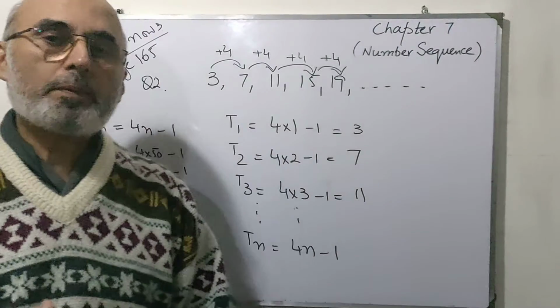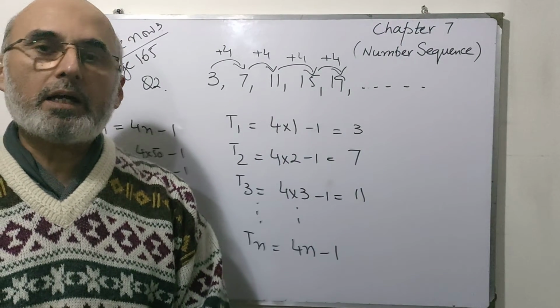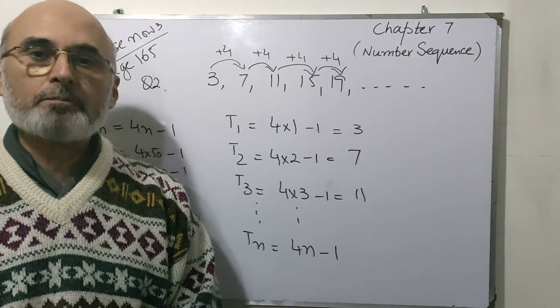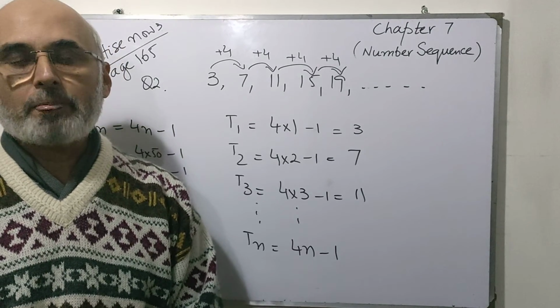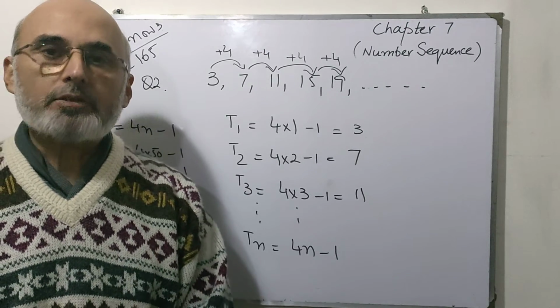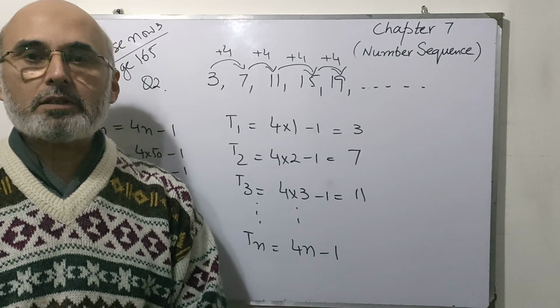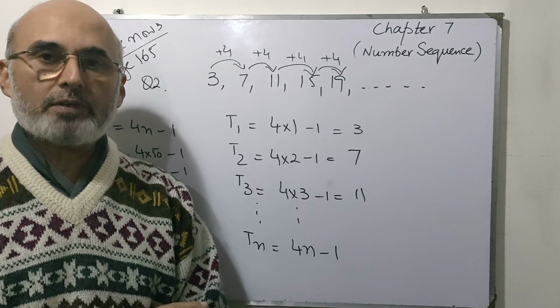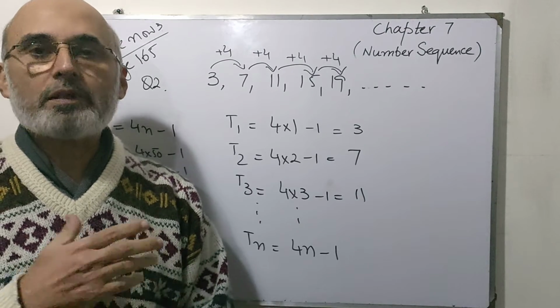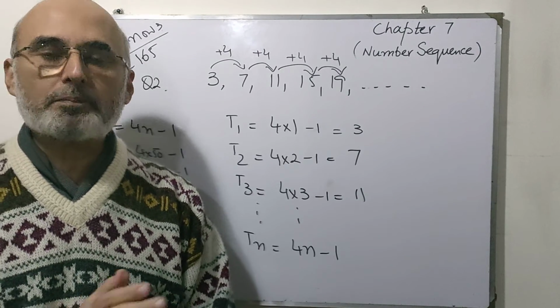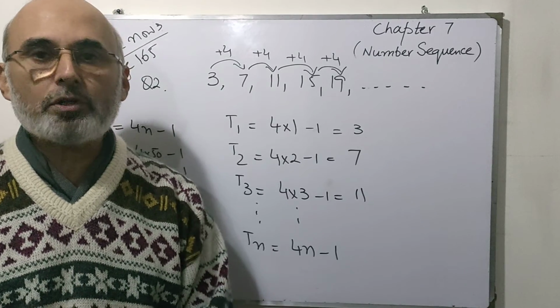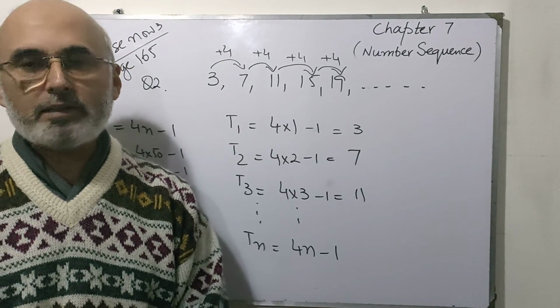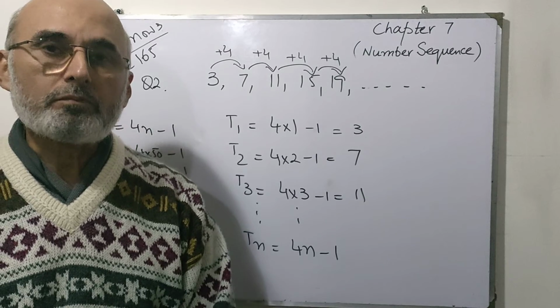So I hope that you got the idea how to make a generalized term or the nth term with these examples, and it's quite simple if you just keep in mind the common difference and first apply that common difference and then just see, do we have to add some number or subtract some number, and then you will have your general term. It is that simple.